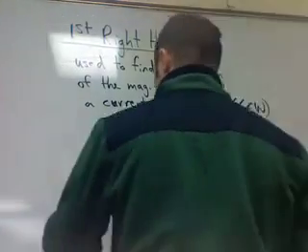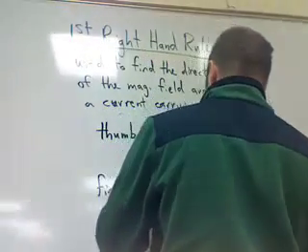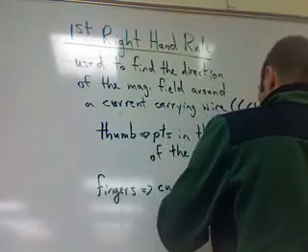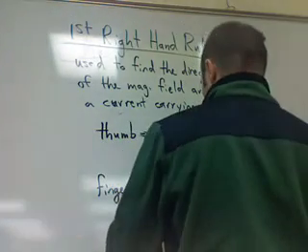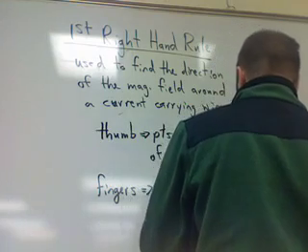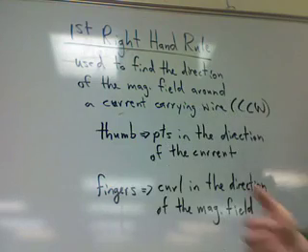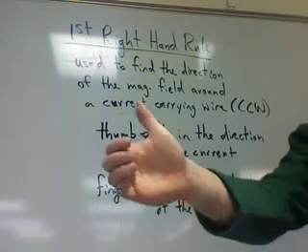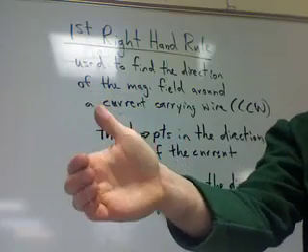Your fingers curl in the direction of the magnetic field. This should be easy to remember. You're not going to make a fist, you're just going to curl your hand.